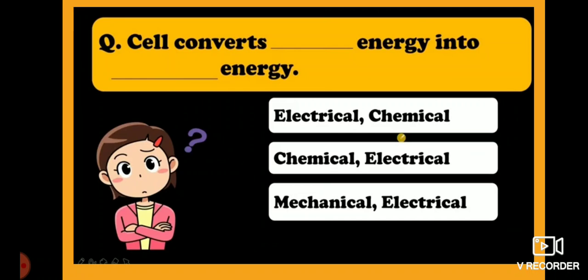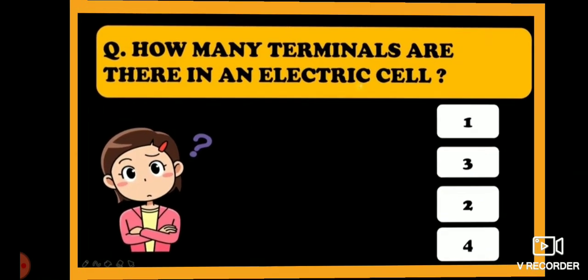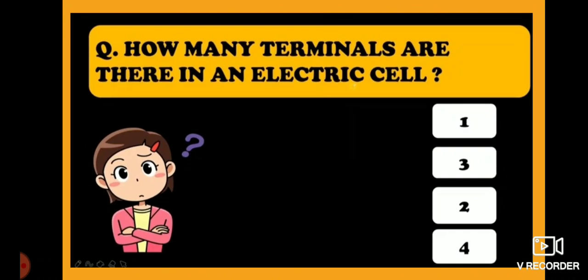So let us recap what we studied. A cell converts dash energy into dash energy. What was the answer? Yes, a cell converts chemical energy into electrical energy. How many terminals are there in an electric cell?